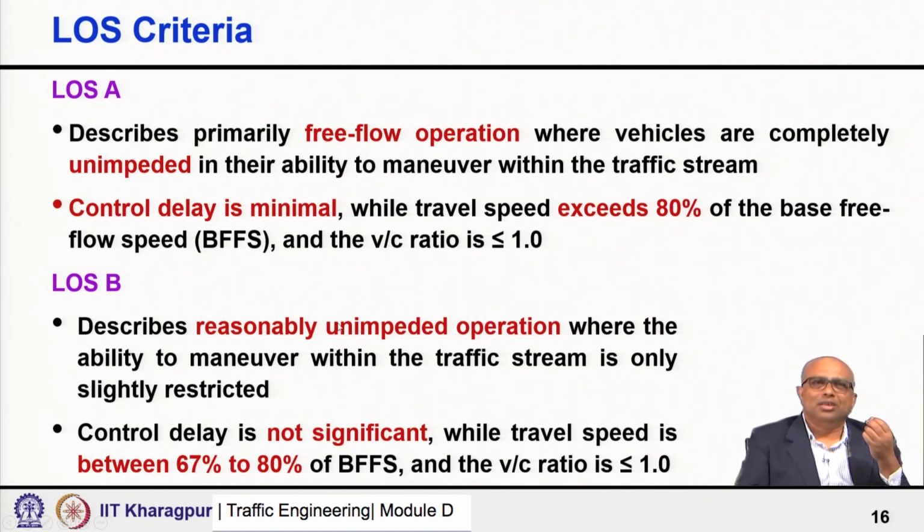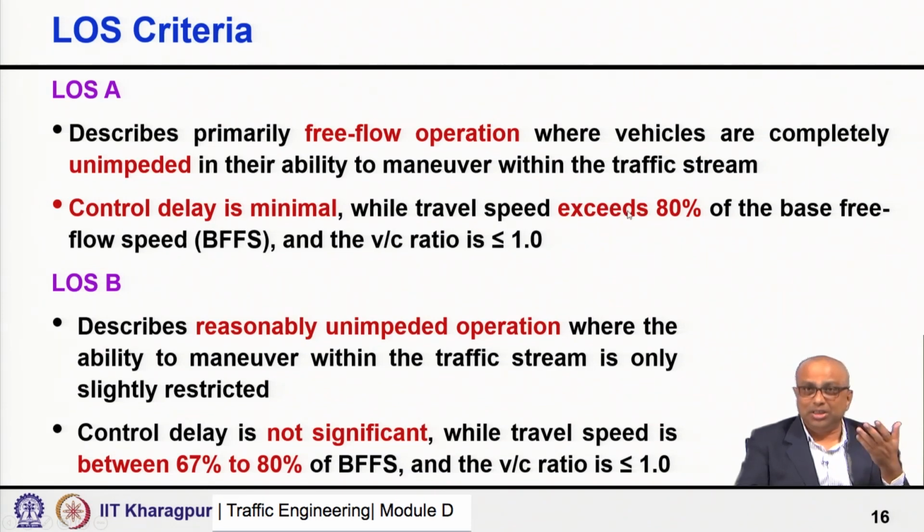LOS B: reasonably unimpeded operations, where the ability to maneuver in the traffic stream is only slightly restricted. Here it was like free flow, slight deterioration has happened, but still reasonably unimpeded operation, and control delay again is not so significant, on the lower side. Travel speed is between 67% to 80%.